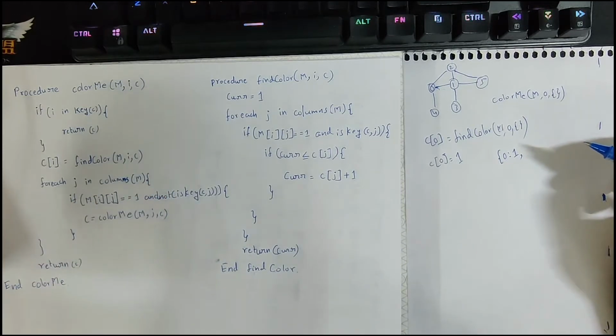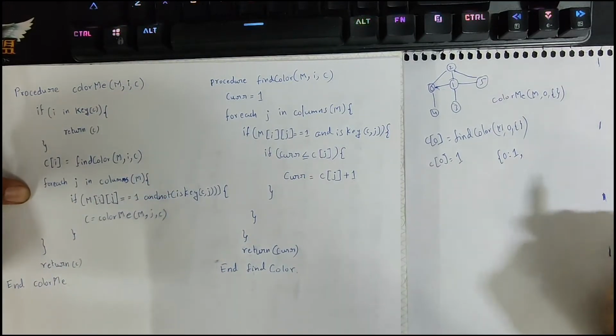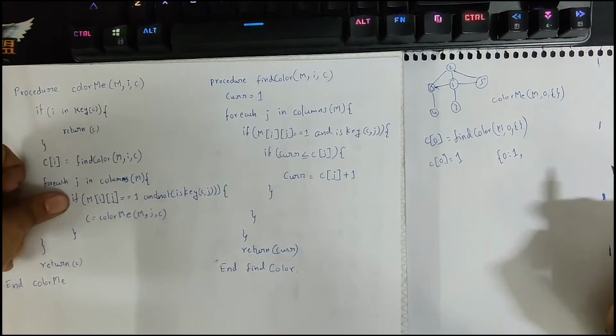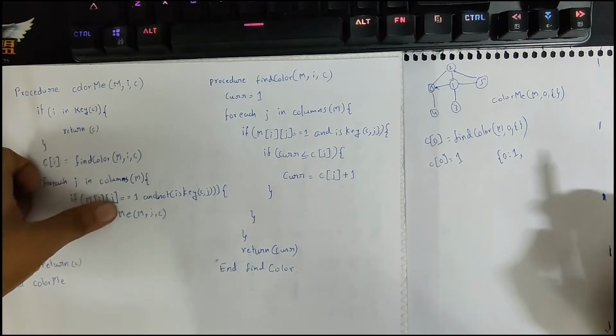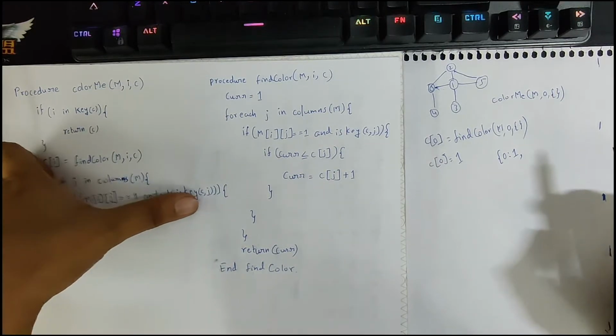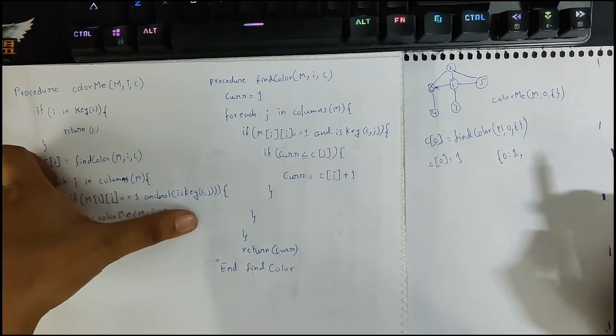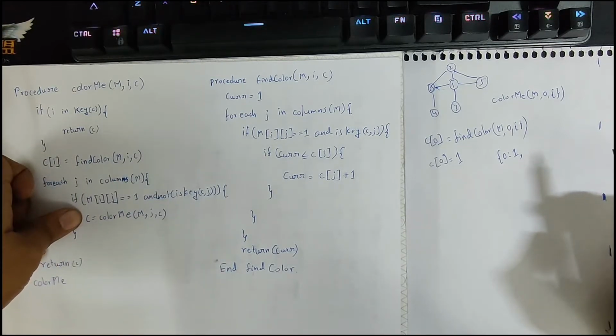Now we can get back to our color me. So if Mij equal to 1, that is there is an edge from 0 to certain j, and that j is not a key in this dictionary, we'll go to a recursion step.